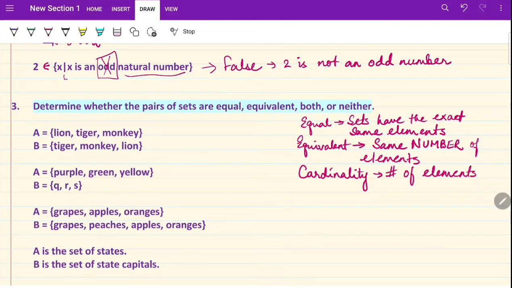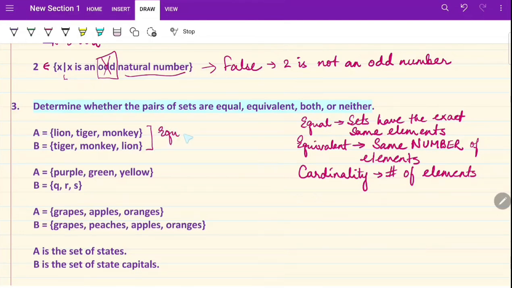Correct? So let's look at these pairs of sets. The first one is a set A with elements lion, tiger, and monkey. And B is a set which has tiger, monkey, and lion. So let's look at the values, even though they are not arranged or ordered the same way, there's a lion in A, there's a lion in B, there's a tiger in A, there's a tiger in B, there's a monkey in A, there's a monkey in B. So that's what makes these sets equal.